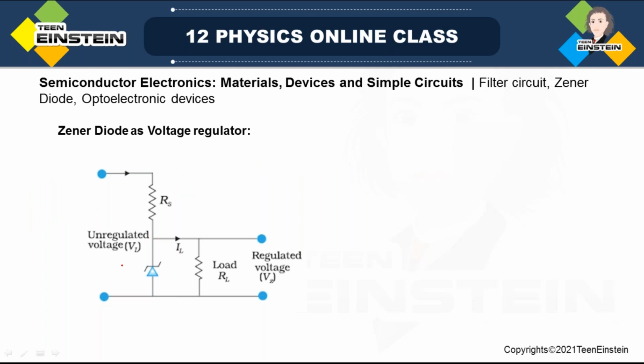Now we'll just try to solve a numerical problem. I'll give you some values. Let me just draw the same circuit.